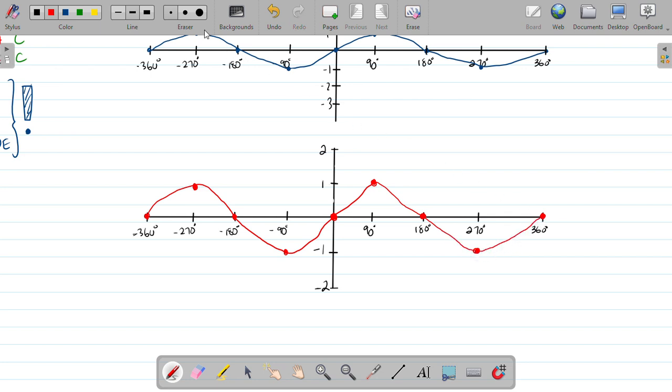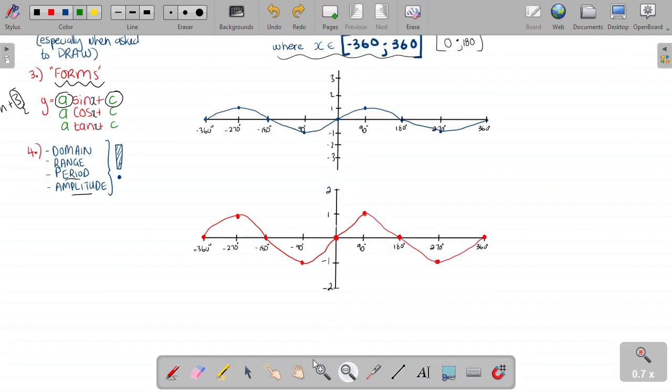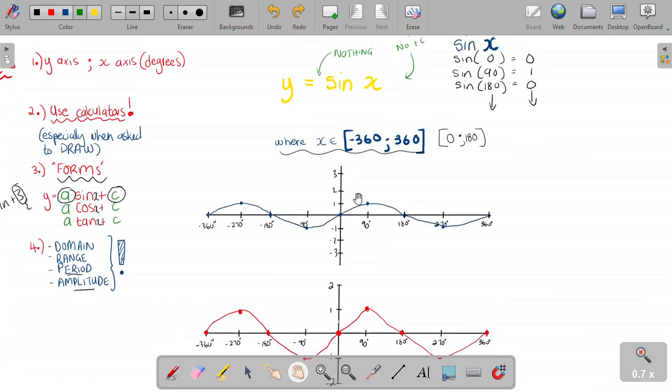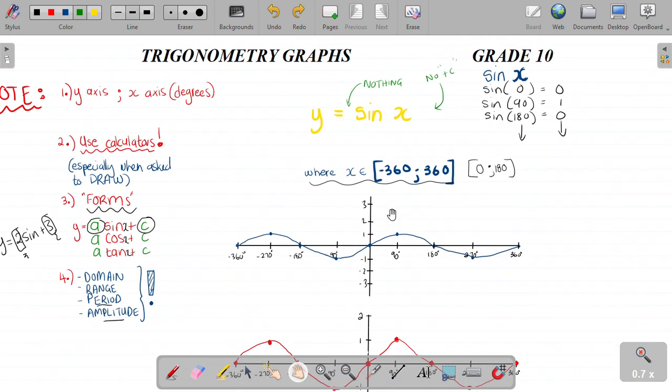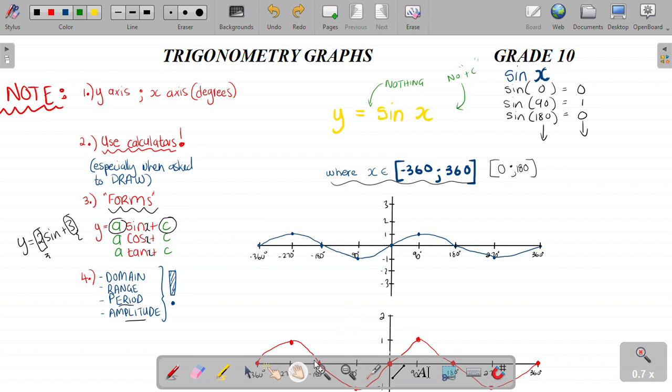You're not going to say, okay, it's like this, like this, like this. Don't make straight lines like that and then go down. That is not what it's looking for. You should have general curves, and please make them neater than I did. It's a bit more difficult on the Wacom that I'm using. That's not a shout out to Wacom, but yeah, it's a really good tool.